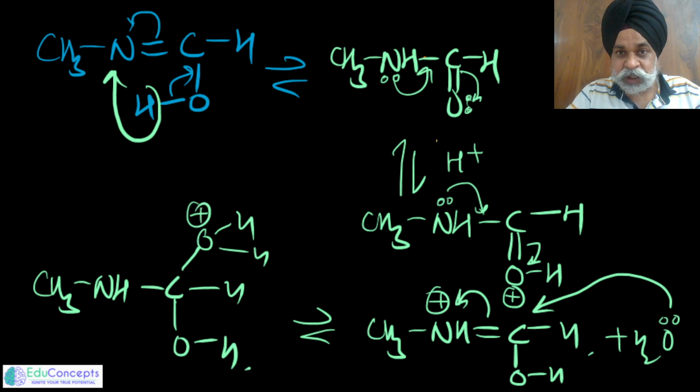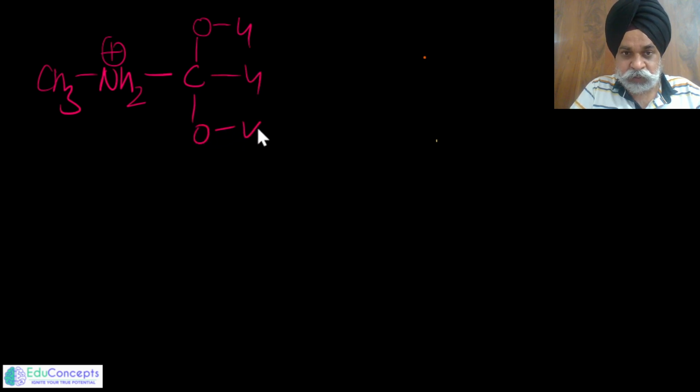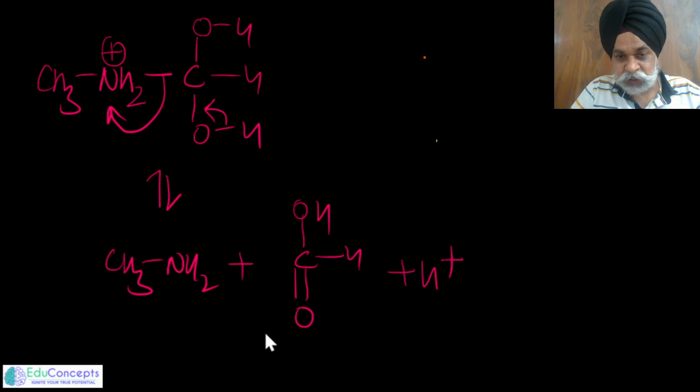Now again the intramolecular proton exchange would happen to this side, and ultimately what you get is CH3NH2 positive along with OH, H and OH. Ultimately this bond opens up, and what you end up getting is CH3NH2 along with a molecule of formic acid, H positive gone out as such.